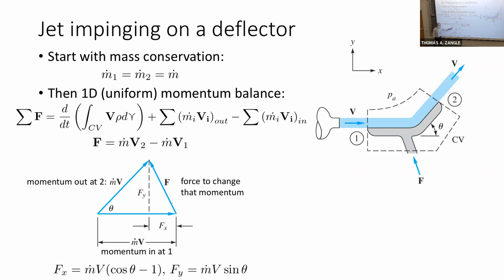So the key takeaway here is that the momentum balance equation is a vector equation. The velocity, remember, is a vector, and the forces applied to our control volumes are vectors. So in this case, we had the magnitude unchanged, but the direction changed, and that requires a force. That's the main thing I want you to take away.